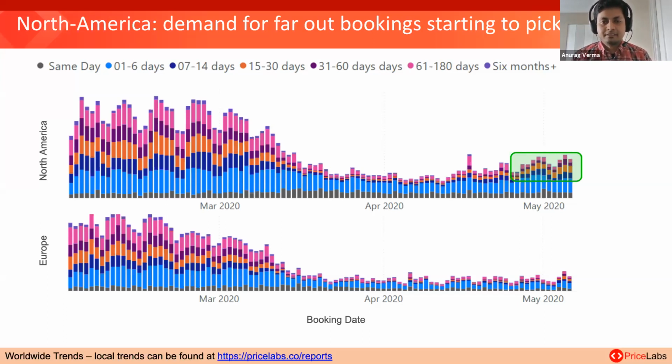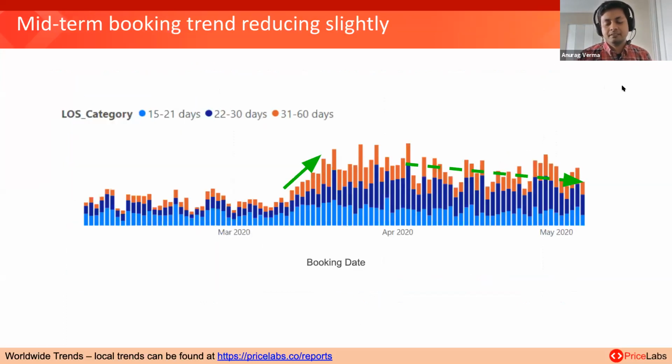On the next slide, this one was breaking it down by lead time. The second big trend that we had seen when this COVID crisis started was, although short-term bookings had dropped drastically, the mid-term bookings, so we are calling these bookings that were between 15 and 60 days long, actually increased.